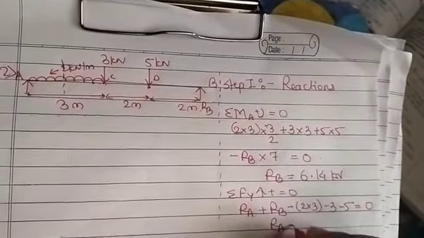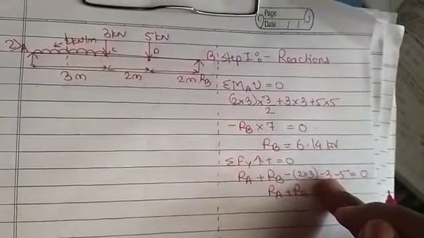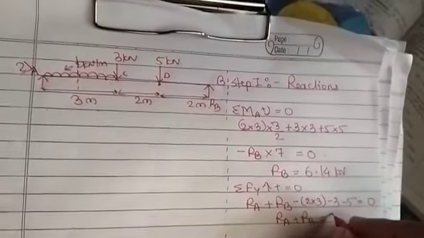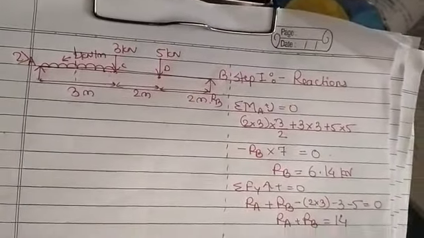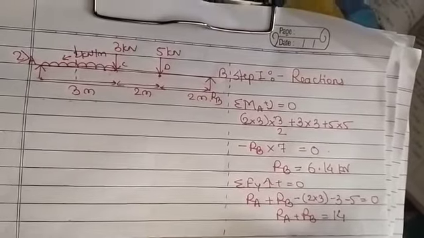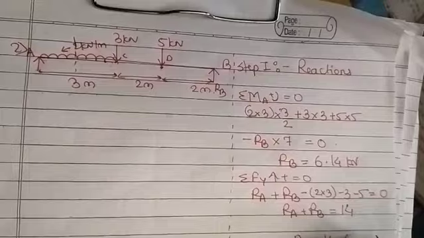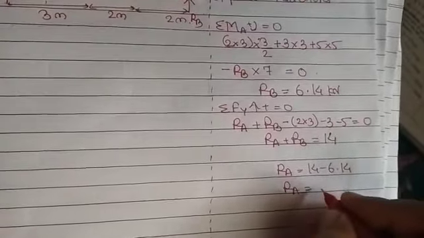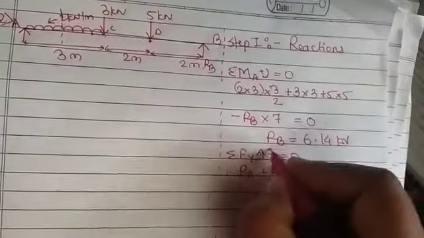So RA plus RB equals 6 plus 3 is 9, 9 plus 5 is 14 kilonewton. So RA equals 14 minus 6.14, so RA equals 7.86 kilonewton. In this way we got RA and RB.